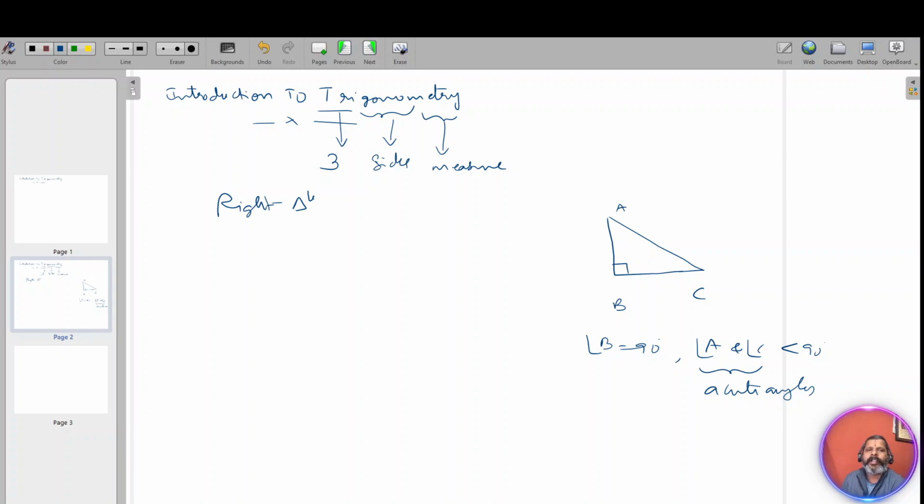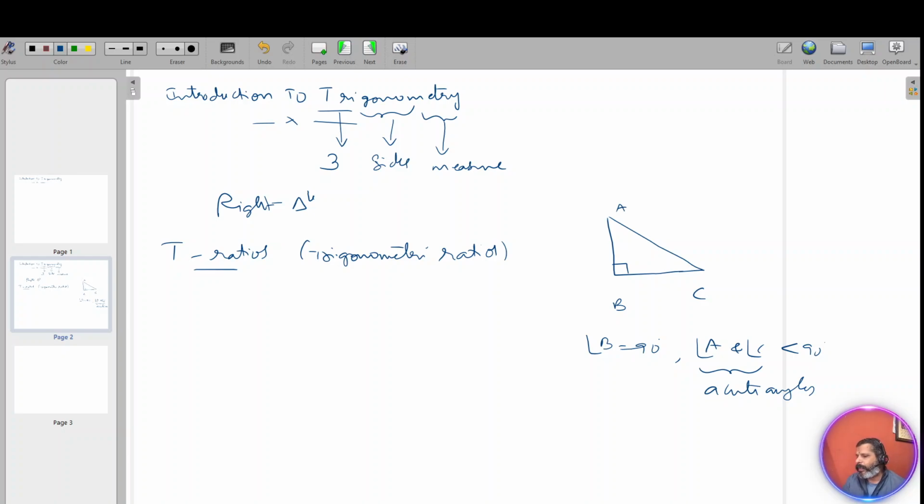We have different trigonometric ratios. What do you mean by trigonometric ratios?